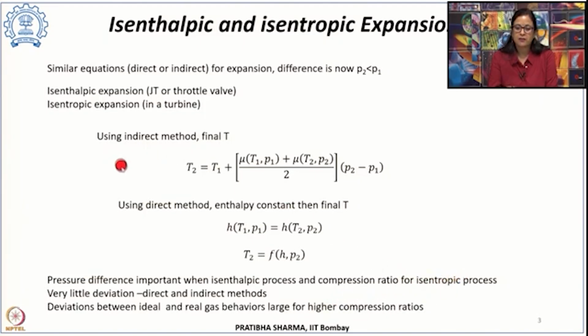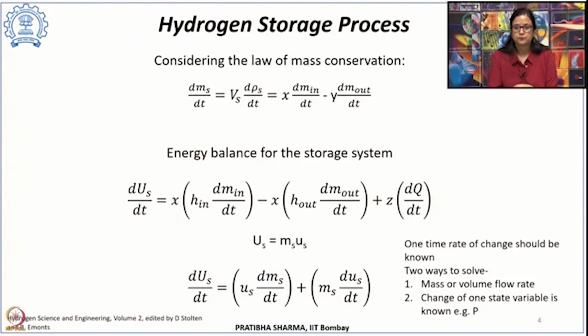Again, the deviation between the direct method and the indirect method is very small. However, a huge deviation is obtained when we consider the gas to be ideal or a real gas, and this is higher for higher compression ratios, when P2 by P1 is high.